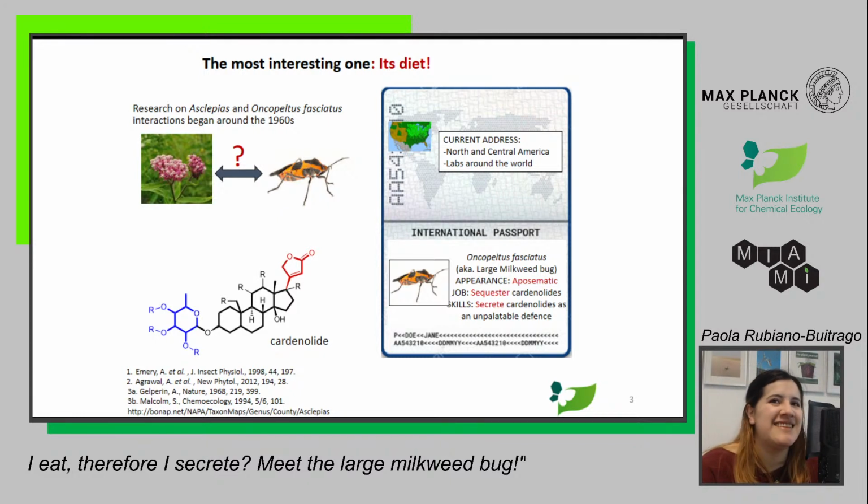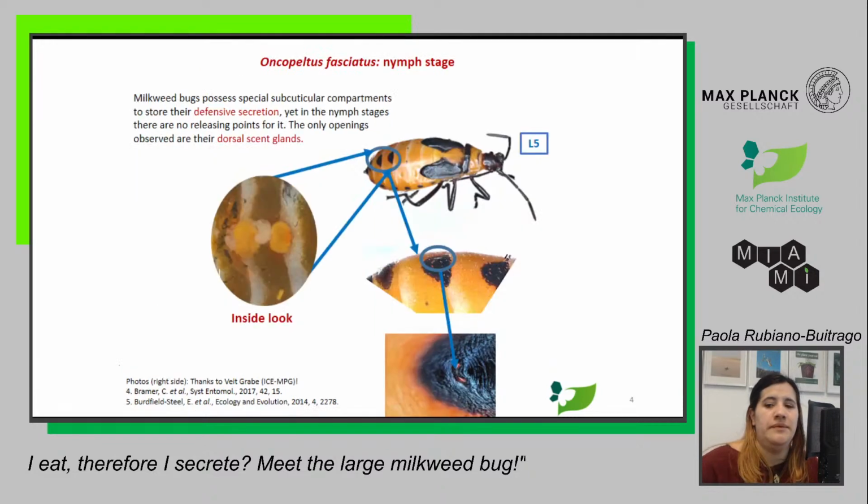Sequester in this context means that they can eat it, accumulate it, not die from it, and then in this particular case, secrete it to create an unpalatable defense when someone tries to eat them. This defense works in this way.